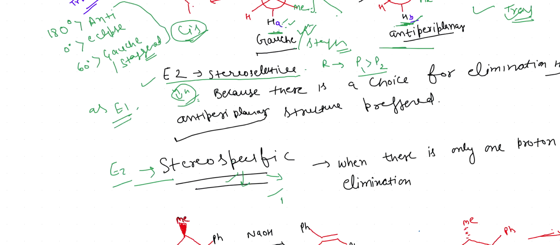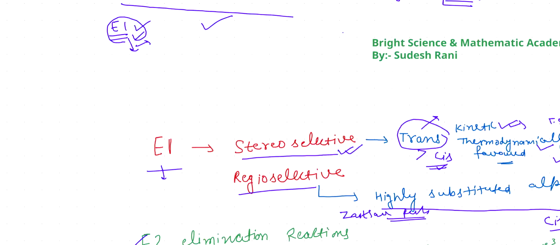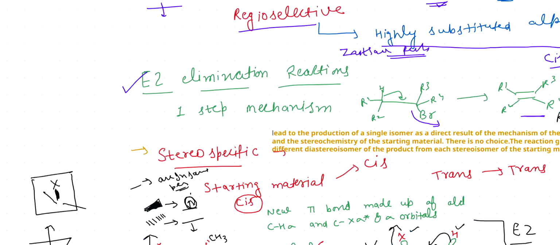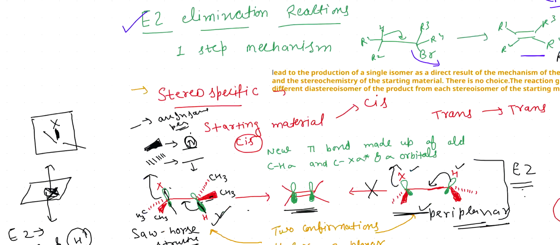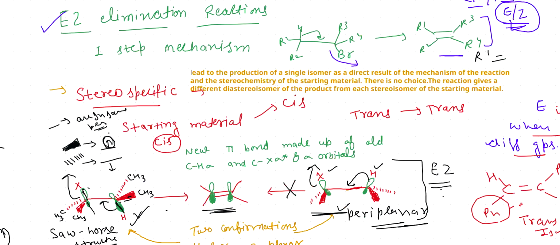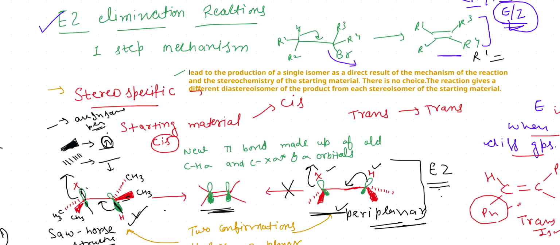It leads to the production of a single isomer as a direct result of the mechanism of the reaction and the stereochemistry of the starting material. Because there is no choice, it gives a different diastereomer of product from each stereoisomer.